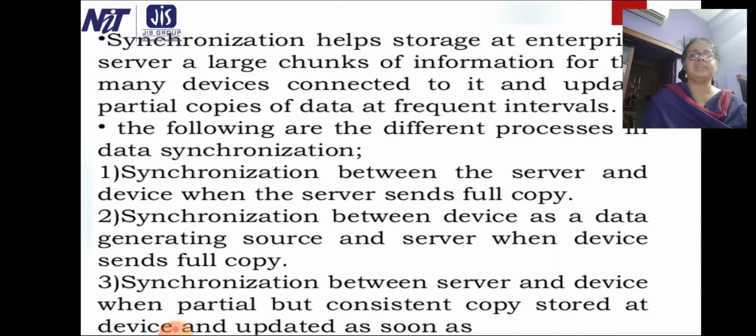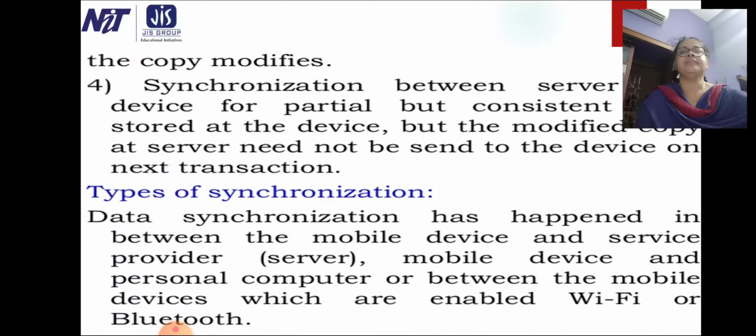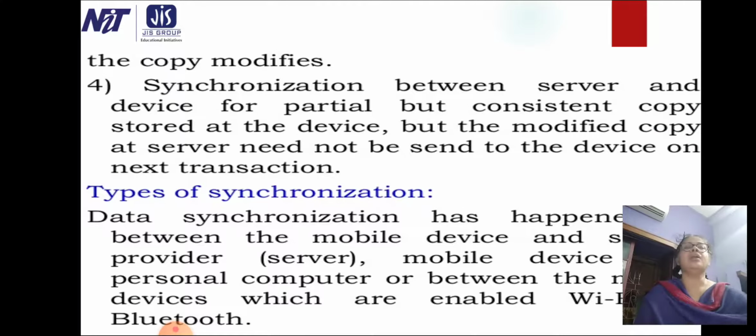Synchronization between the device as a data generating source and the server when the device sends a full copy. Synchronization between server and device when a partial but consistent copy is stored at the device and updated as soon as the copy modifies.